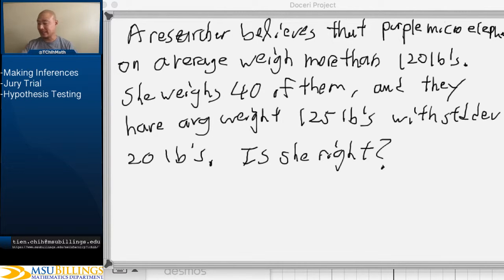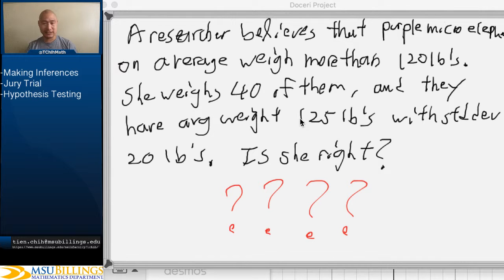And if you're paying attention to the confidence interval video, then there is a fairly straightforward answer to this question in some sense. But how are we supposed to know that, right? We don't know whether or not her hypothesis here is true or not.